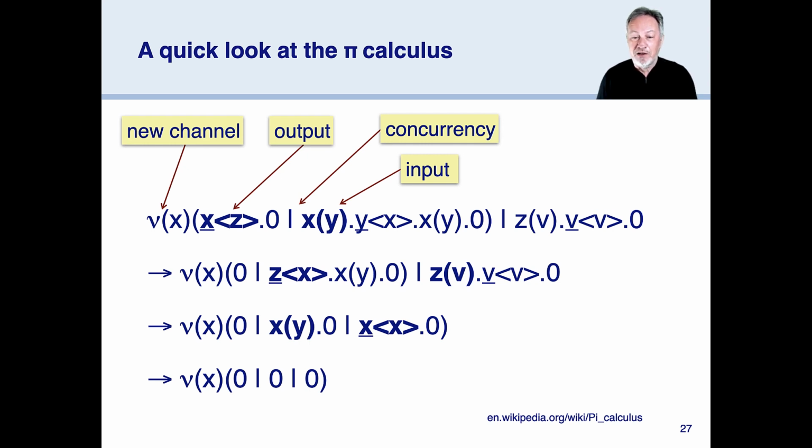So the way that's solved is that the expression on the right-hand side, zv.v, etc., can migrate to within the scope of the new channel declaration by essentially performing an alpha conversion. So what was called v is now going to get renamed to x. So it migrates in and we complete our final communication along the channel x, and then all the processes are dead.